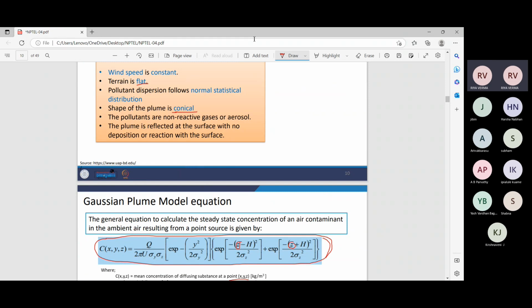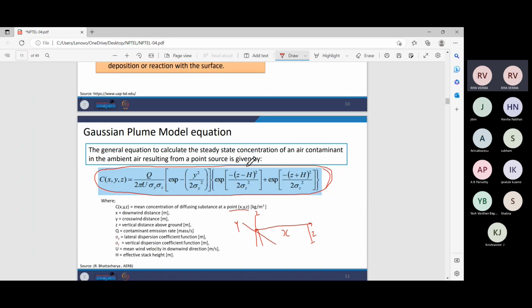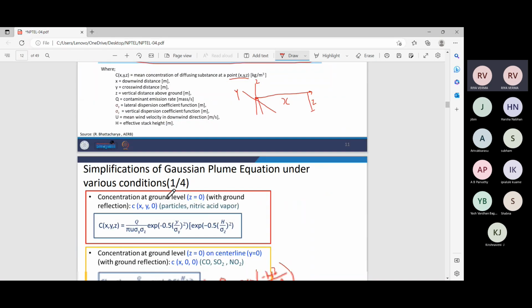Have a look at this equation and tell me. Anyone? Sigma y, sigma z. Correct, Harsha. Sigma y is your lateral dispersion coefficient, and sigma z is your vertical dispersion coefficient.